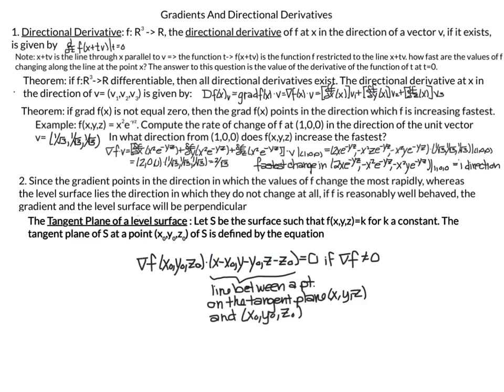And this (x, y, z) is a representative point on the plane. So (x minus x naught, y minus y naught, z minus z naught) is the vector from (x naught, y naught, z naught) to the random point (x, y, z). So any point (x, y, z) that satisfies this equation is a point on the plane. That is the equation that gives you the plane.